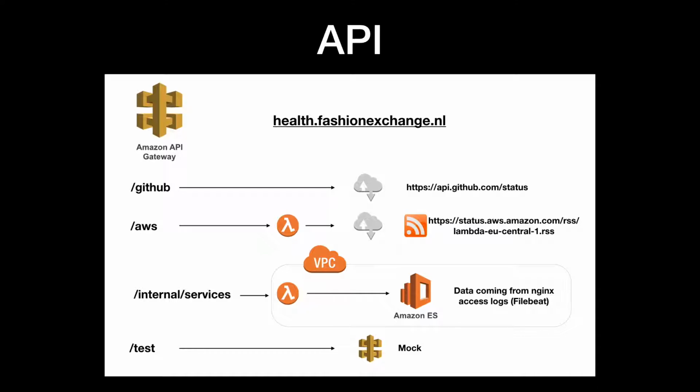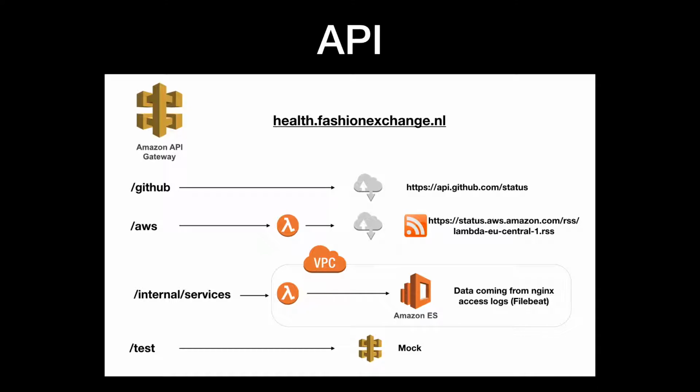The first one is going directly to the GitHub API, no Lambda function in between. I also wrote a small Lambda function to get a status from an RSS feed from Amazon themselves. This is the example where you would maybe be calling a weather API, but you don't trust it or maybe it changed, so you write a small Lambda function in between to call it and to make your own response.